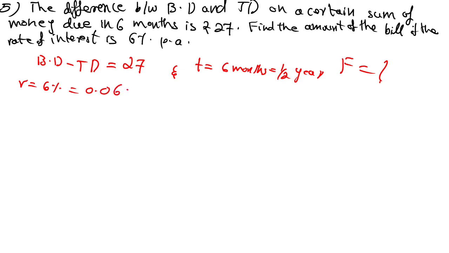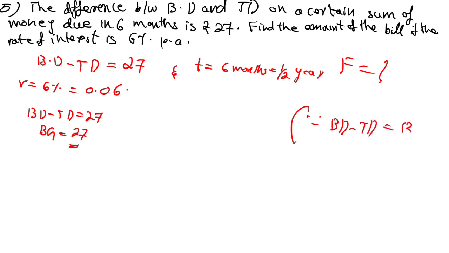Now see, BD minus TD equal to 27. What is BD minus TD? It's equal to BG. BG equal to 27, since bankers discount minus true discount is bankers gain.